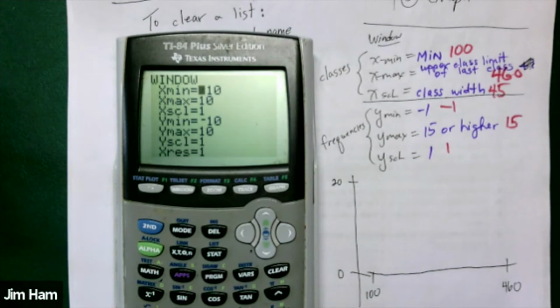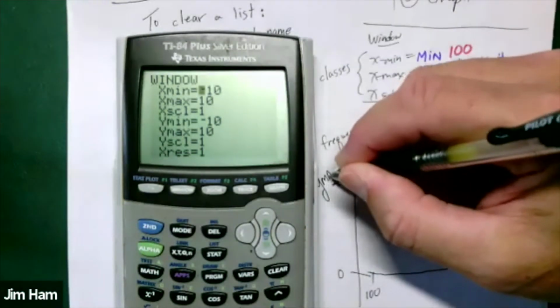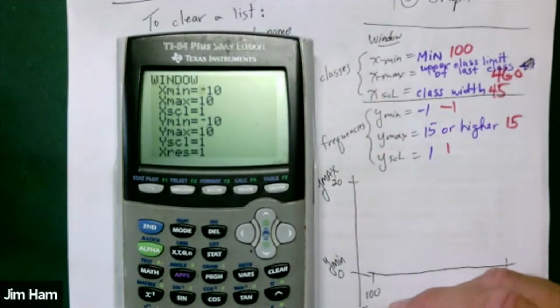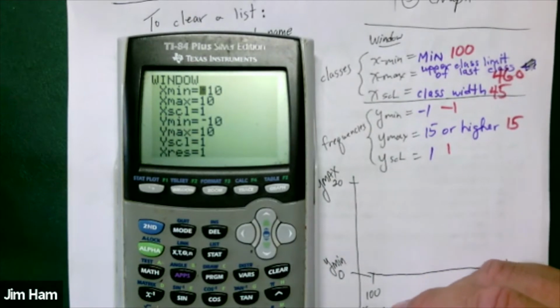If you find that a histogram is flying off the top of your screen, then you'll want to go back and adjust the Y max. So here's the Y max, here's the Y min, here's the X min, and here's the X max.